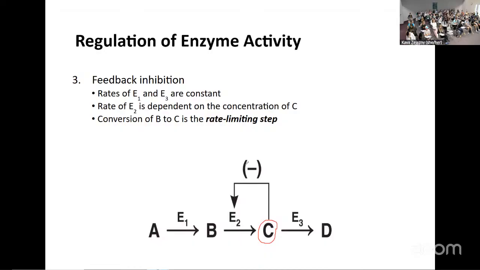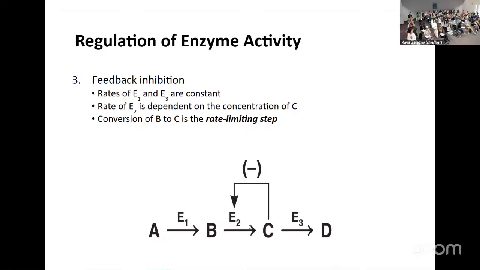In this case, when we're thinking feedback inhibition, it's changing it, and specifically this minus sign tells us it's slowing it down. Feedback inhibition is when we have a product or an intermediate that itself decreases the enzyme activity of that step or one of the earlier steps in the process. This helps us when we are trying to match up our rates so that we can have a nice chemical pathway where everything flows smoothly.